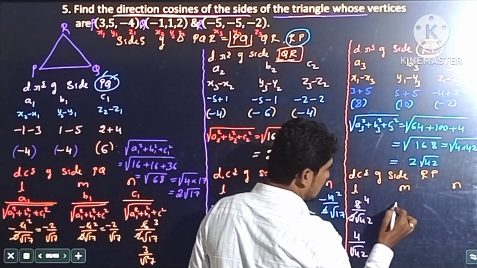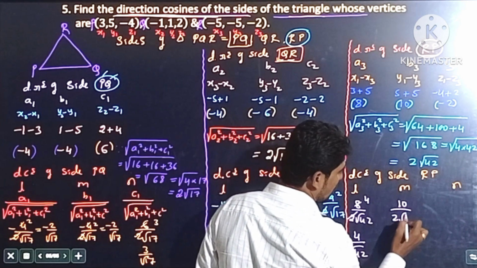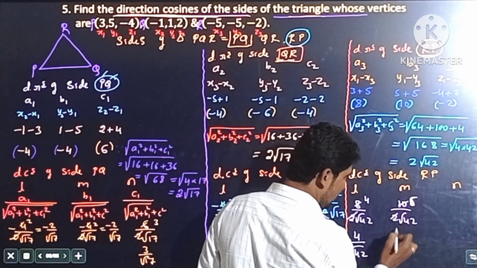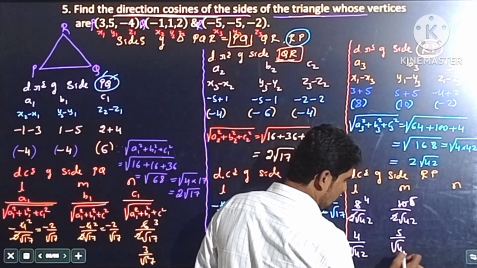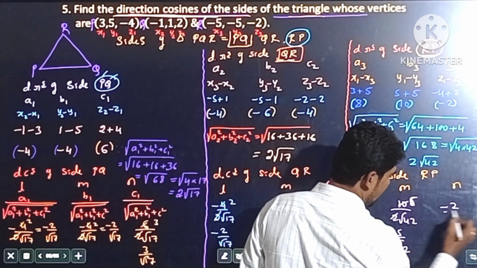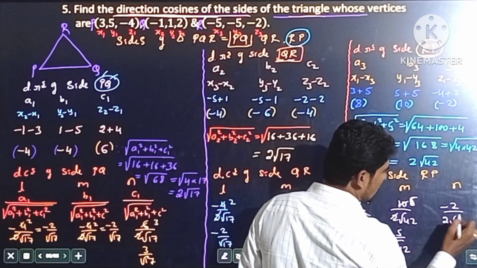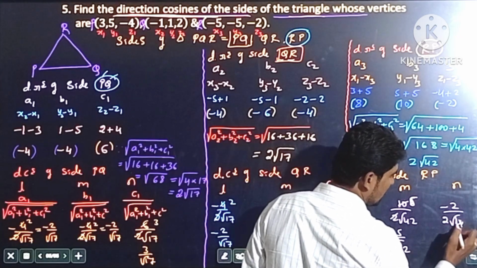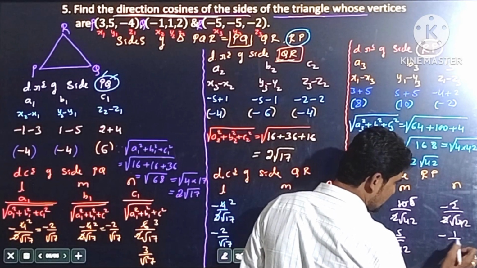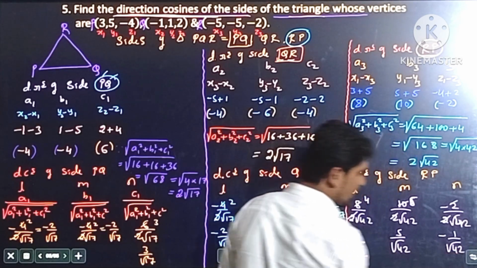Similarly M is 10 divided by 2 root 42. 2 ones are 2, 2 fives are 10. So 5 divided by root 42. And the value of N is c3, minus 2, divided by 2 root 42. Same thing, 2 and 2 get cancelled. The value of N is minus 1 divided by root 42.